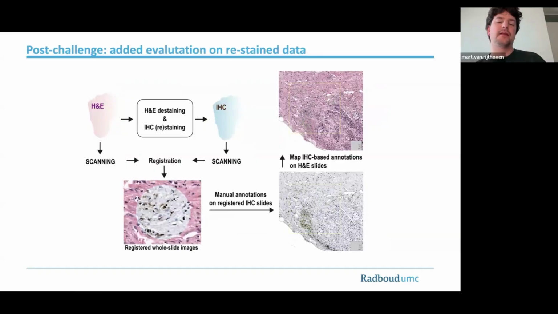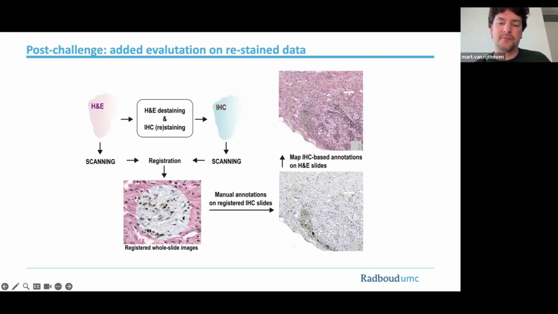Yeah, so first thing what we did was for the extended computer vision analysis, we used immunohistochemistry to create the ground truth for a couple of slides. So we did destaining and restaining for the same slide, and then did some registration for the immunohistochemistry stain and the H&E stain.